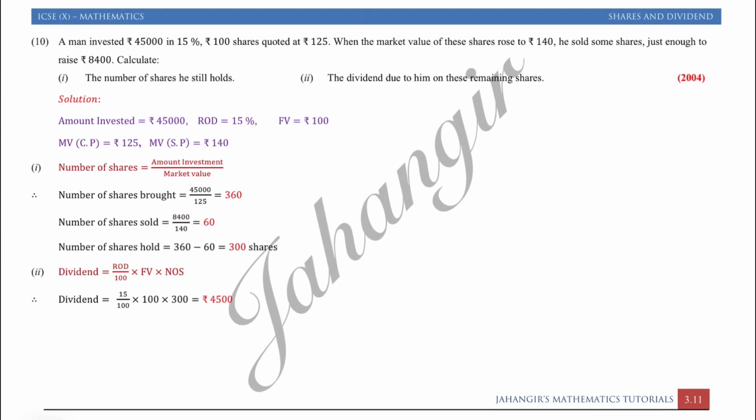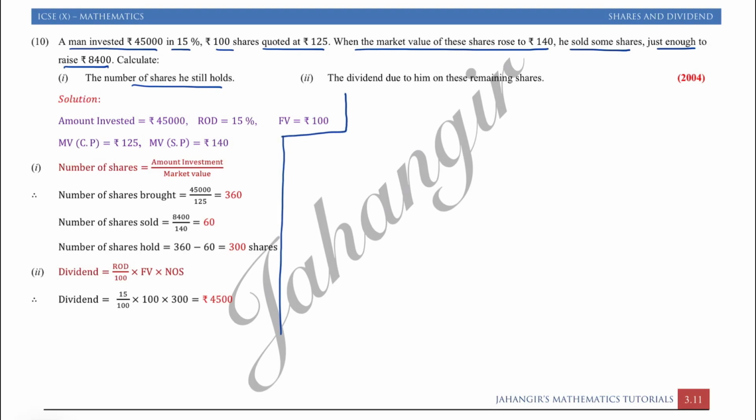Question number 10. A man invests rupees 45,000 in 15% rupees 100 shares quoted at rupees 125. When the market value of this share rose to 140, he sold some shares just enough to raise rupees 8,400. Find the number of shares he still holds and the dividend due on his remaining shares. It's quite a straightforward question.